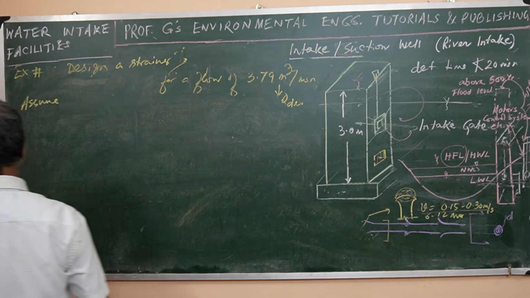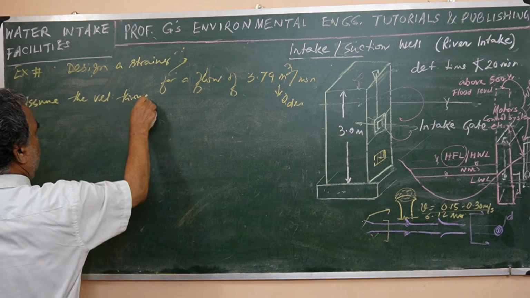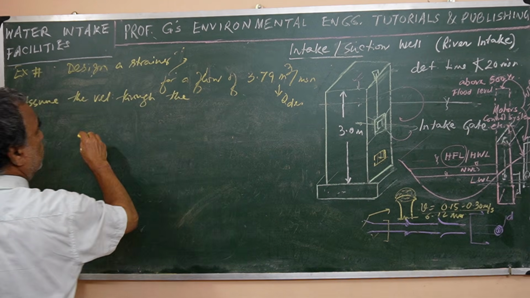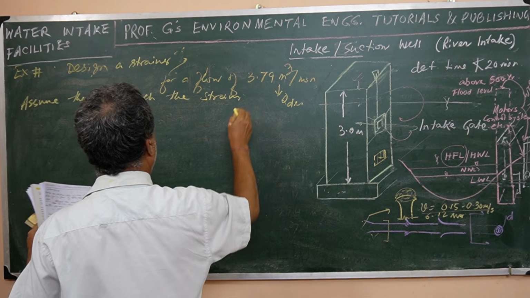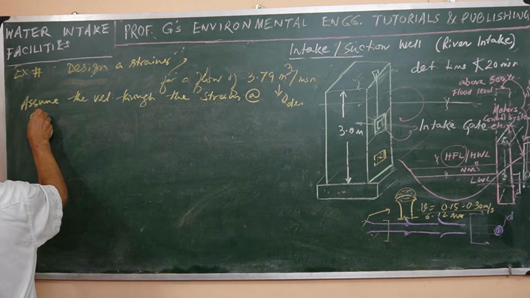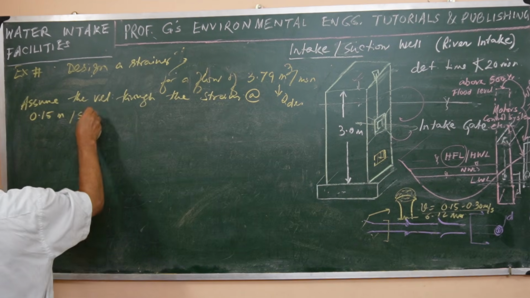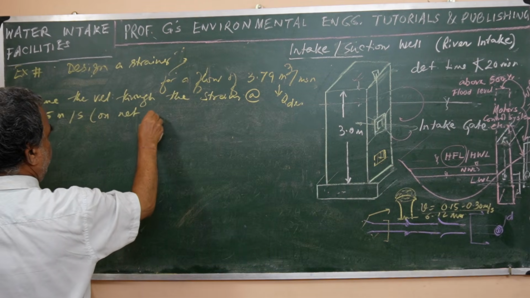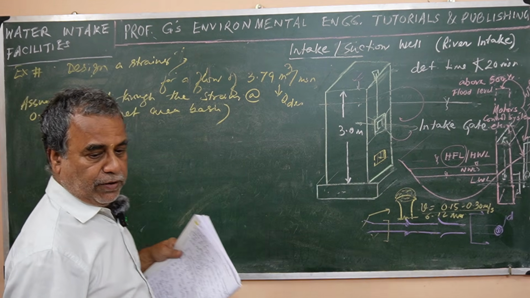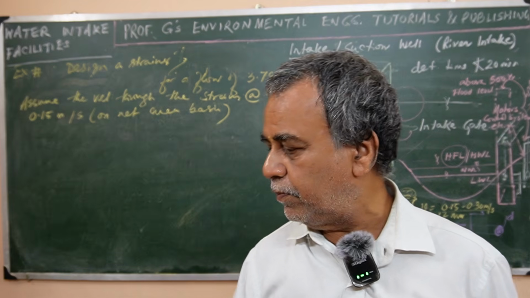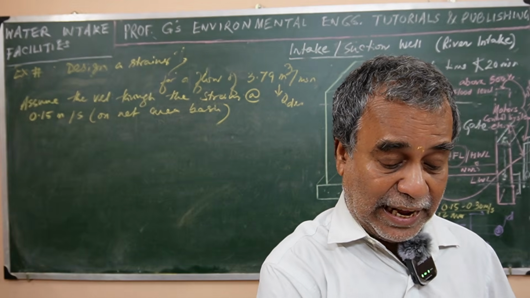So assume the velocity through the strainer on net area basis, because whenever a velocity is mentioned, that is to be clarified.